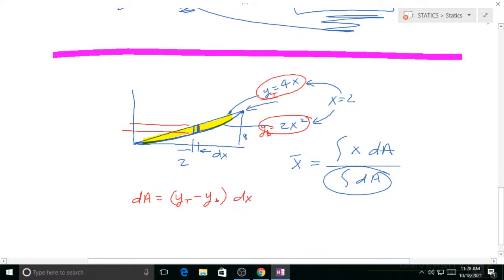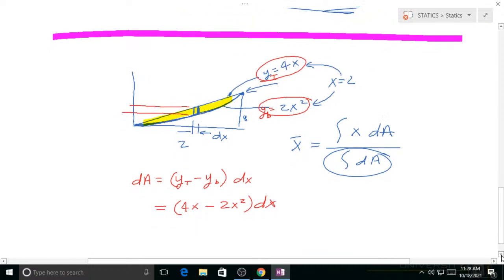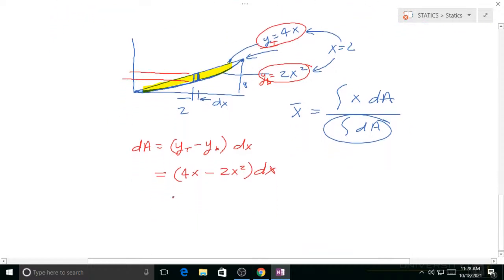And then here's dx. Now I got to put all this in here. Y on the top is 4x. Y on the bottom is 2x squared. Oh my God, this is going to make me throw up. So now if I want to integrate this, I'm integrating it from 0 to 2 of 4x minus 2x squared dx.